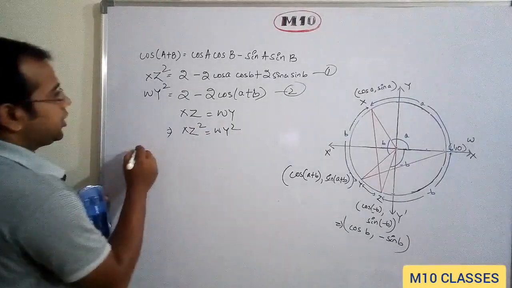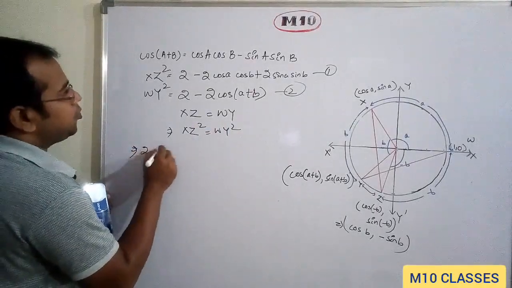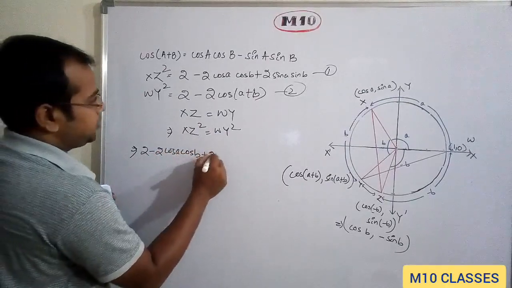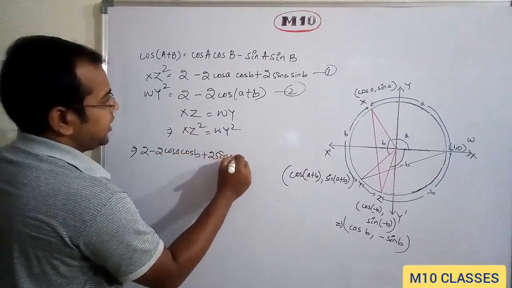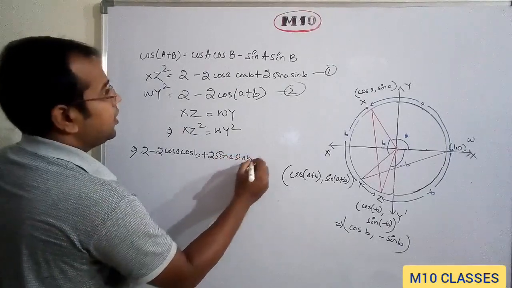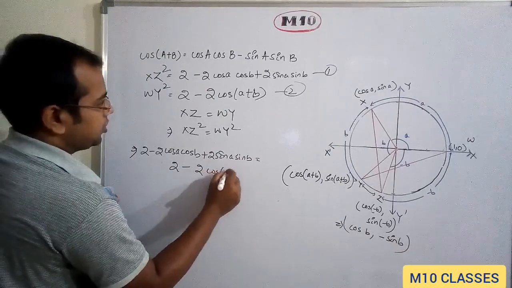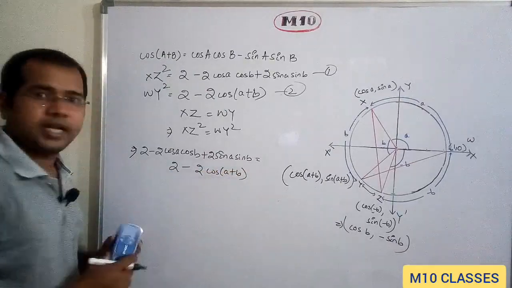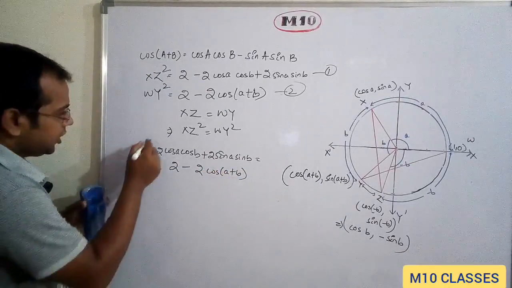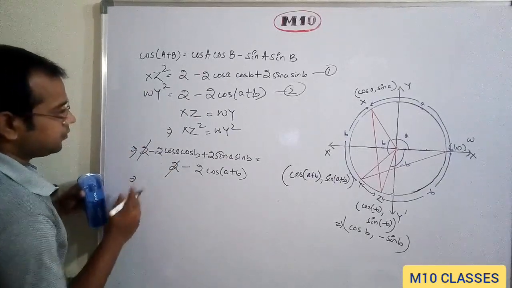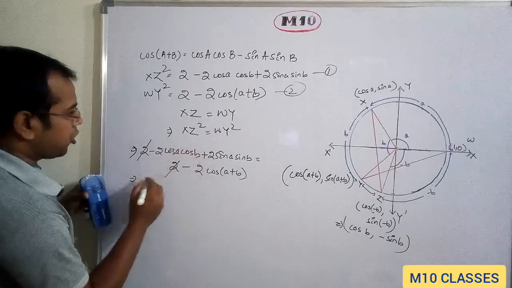Now see what are we getting? 2 minus 2 cos a cos b plus 2 sin a sin b is equal to 2 minus 2 cos(a plus b). Okay. Now students, what are you getting? See here, this 2 would be cancelled. So what are you getting? Take minus 2 common here.